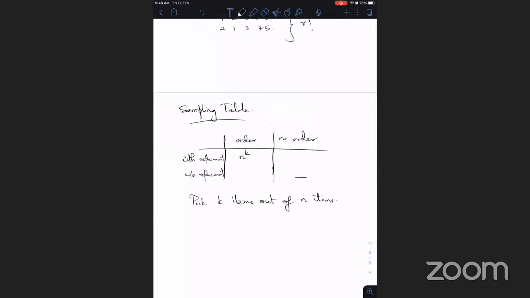Now, how do you do this without replacement? That is, you pick an item and don't put it back. You need to pick k items, not all the items from n. So you're close to the answer, but you need to only pick k items.